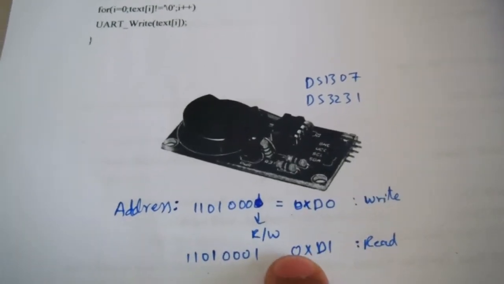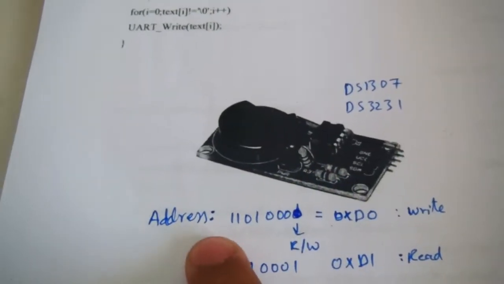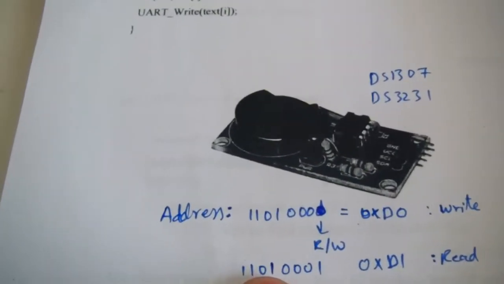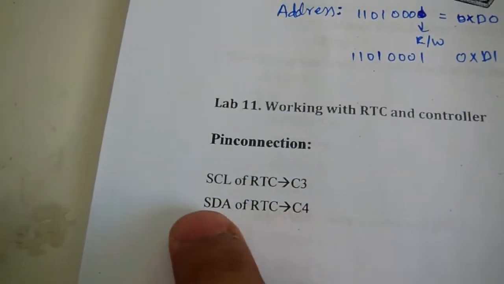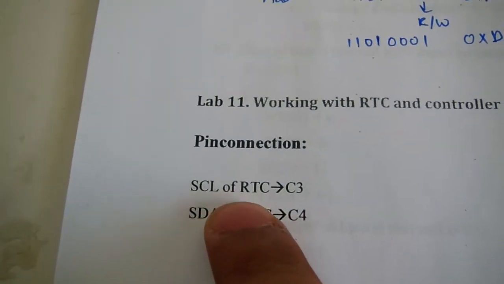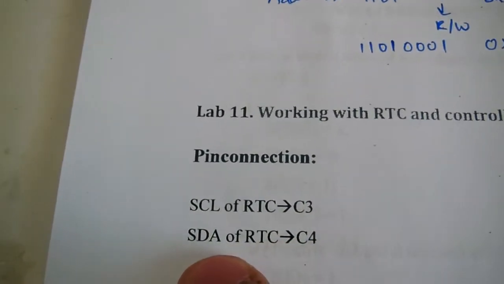We use the address 0xD1 for reading from the RTC. This address is 1101 000. So we have to connect the serial clock with RC3 and SDA with RC4 of the RTC.